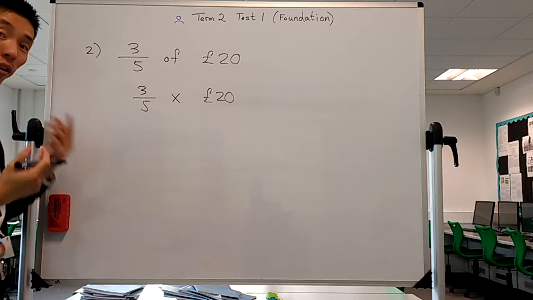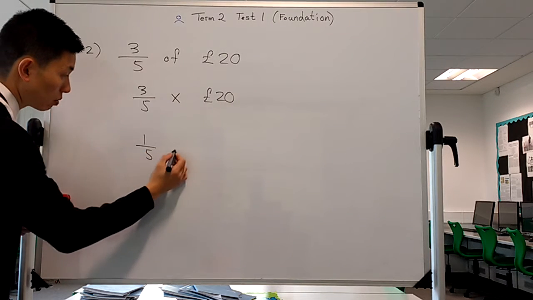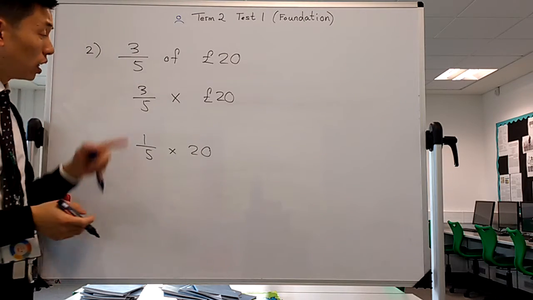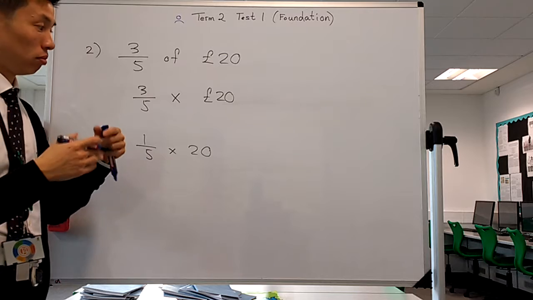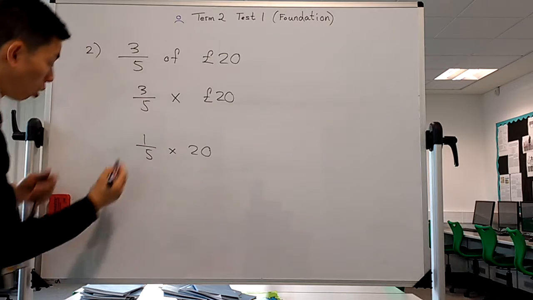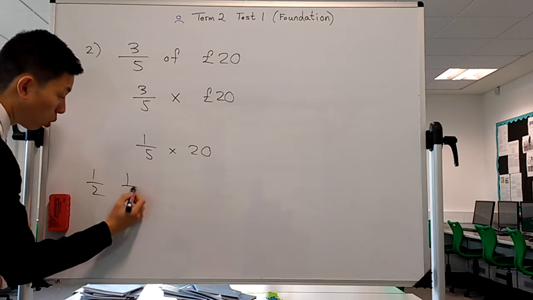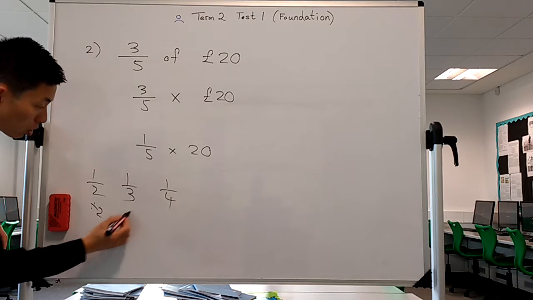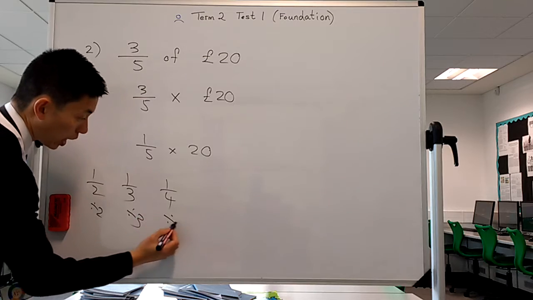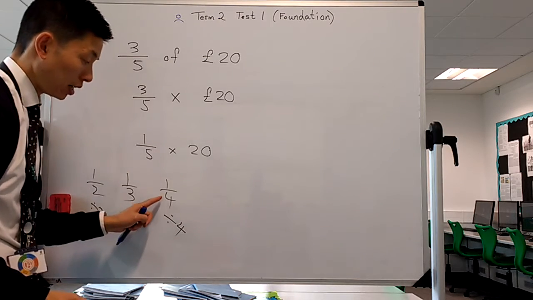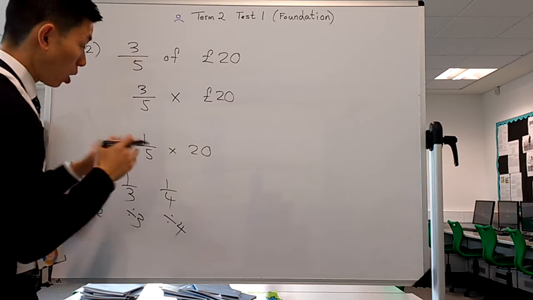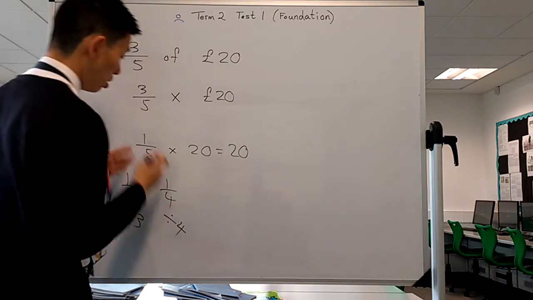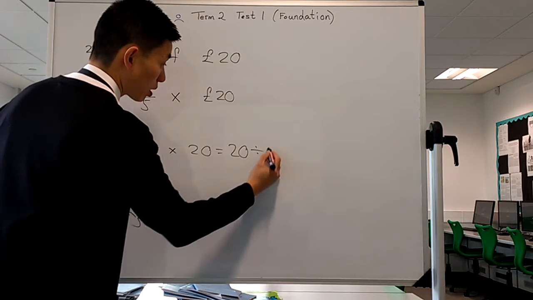If I know what 1/5 is, then I will be able to find what 3/5 is. So 1/5 of a value, or half of a number, a third of a number, a quarter of a number, is basically to use the denominator and divide by the denominator. The denominator is a 5, so 20 shared into 5 pieces.